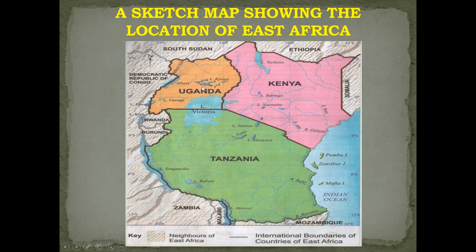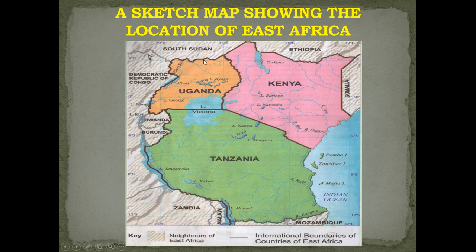To the south of Uganda there is Tanzania. To the west of Kenya there is Uganda. To the south of Kenya there is Tanzania. To the north of Tanzania there is Uganda and Kenya. So those three countries make up the region of East Africa.